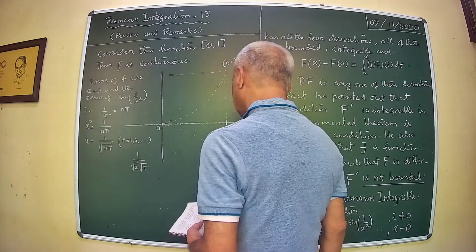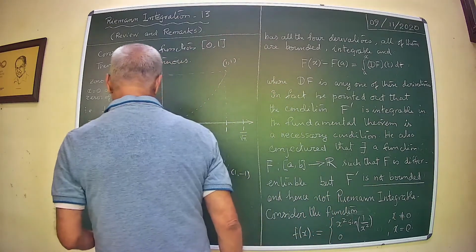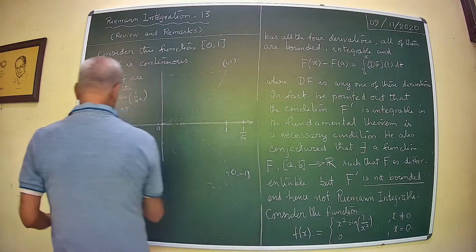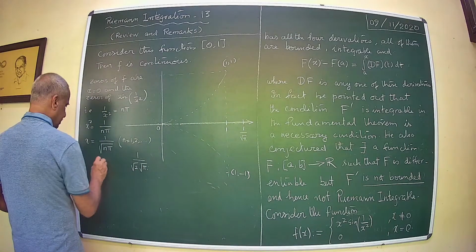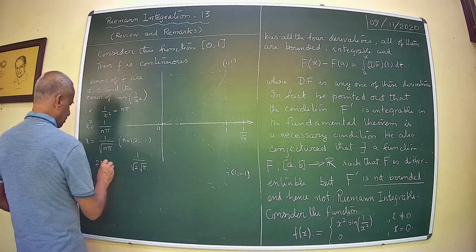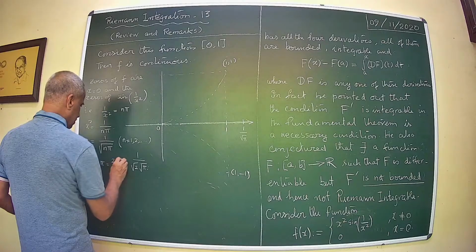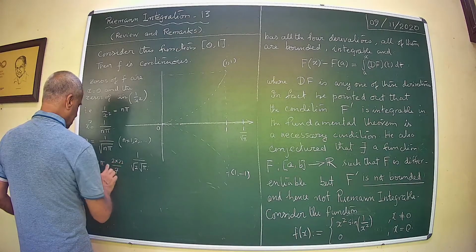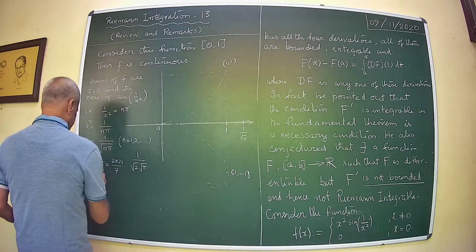Now you can actually compute this. What about 2 pi? Is 2 pi approximately equal to 2 into 22 by 7? So it is 44 by 7.